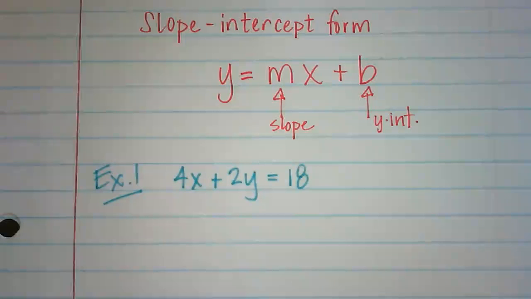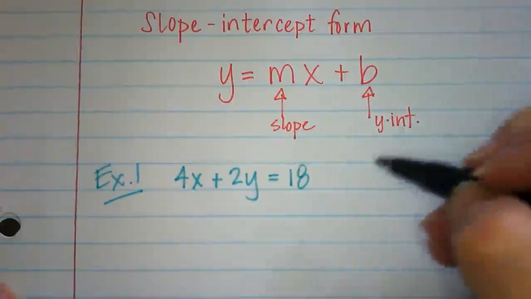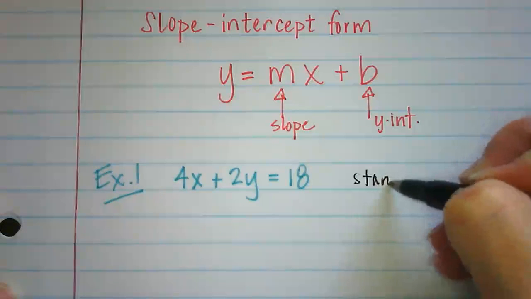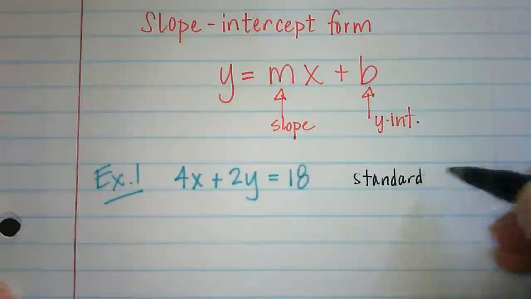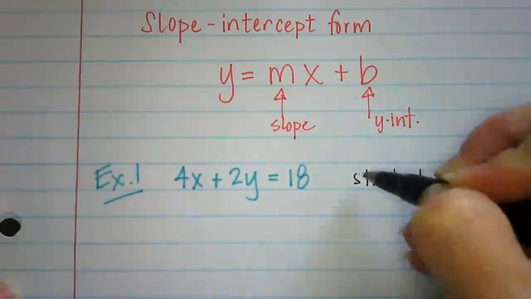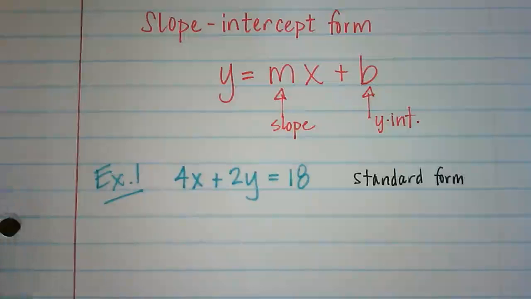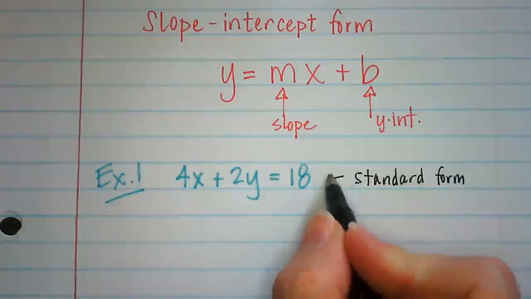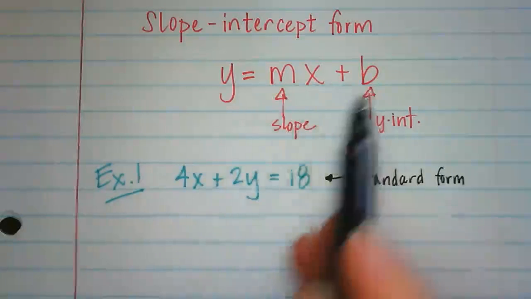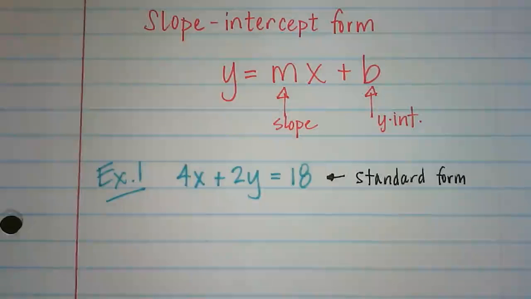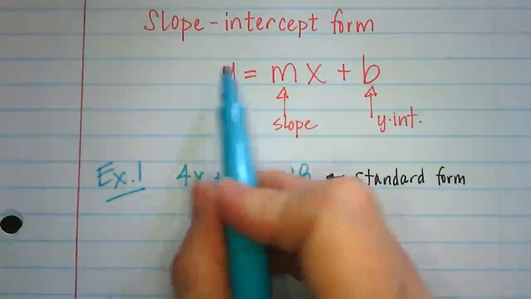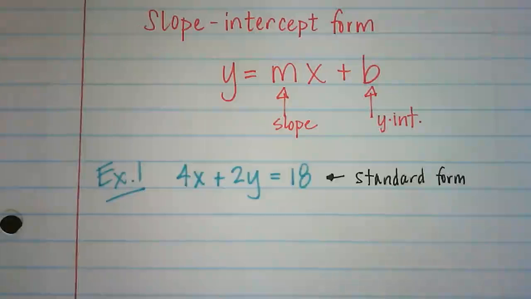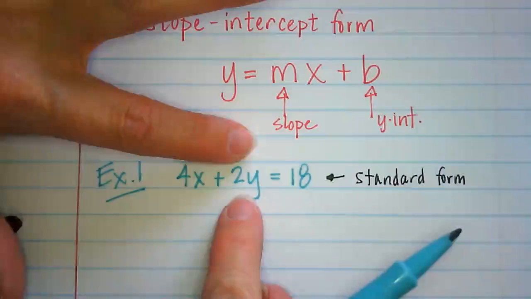In fact, this one is called standard form of a linear equation. What we want to do is change it into slope-intercept form. We know we have slope-intercept form when we have y by itself, so we need to get y by itself.